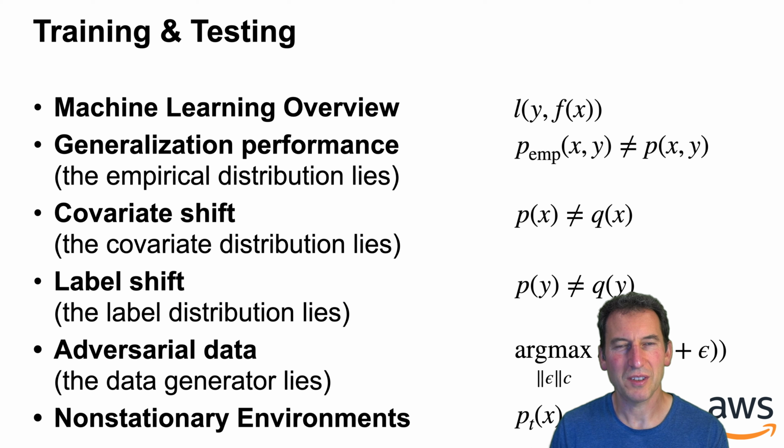Some of the issues on the list will eventually probably be addressed automatically by an AutoML system. For instance, for the various shift problems, you could easily build something that detects whether the environment has changed. And once that's the case, then of course you can go and fix it.